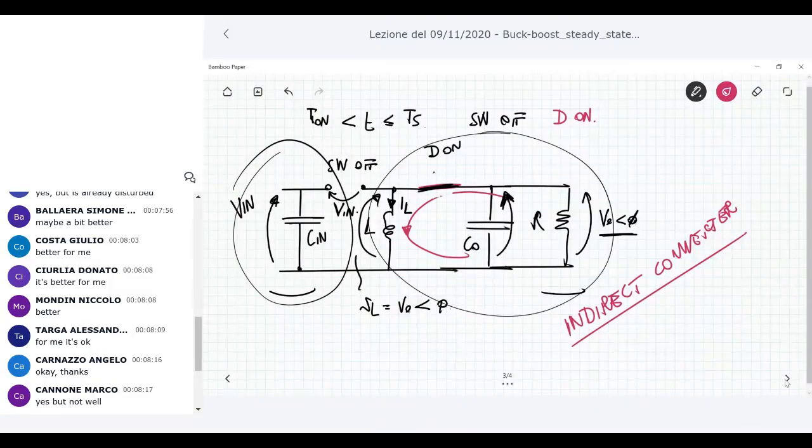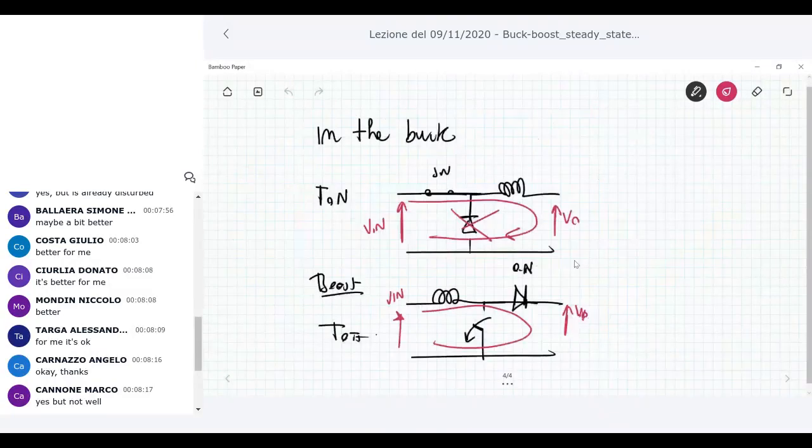For example, this happens in the buck or in the boost, as I explained here. Any questions about this?